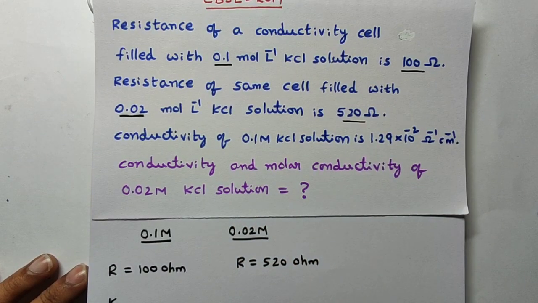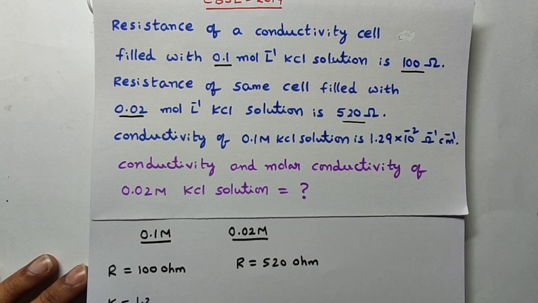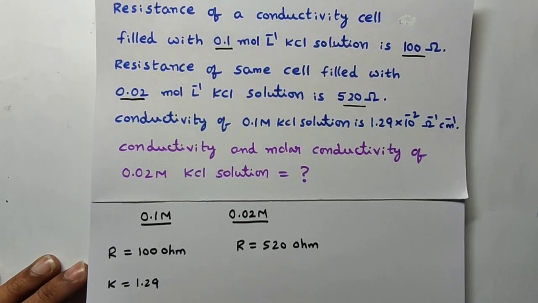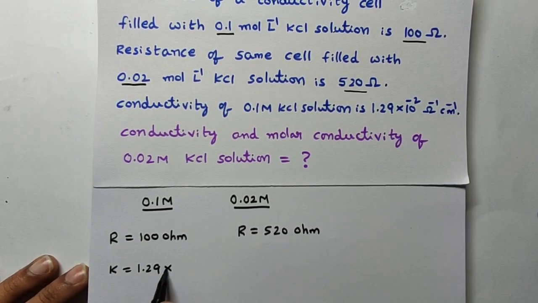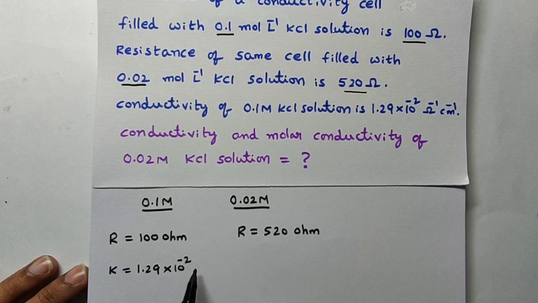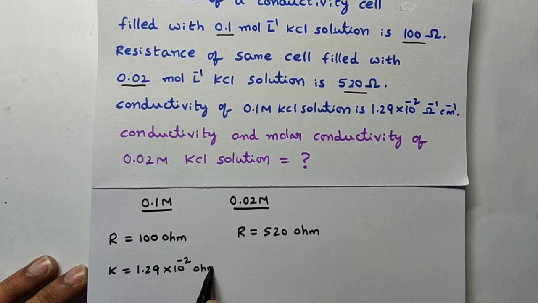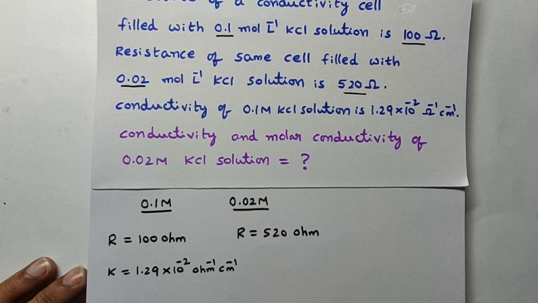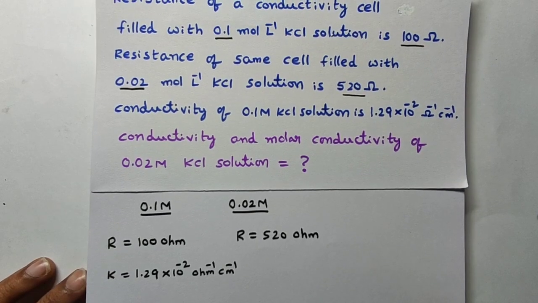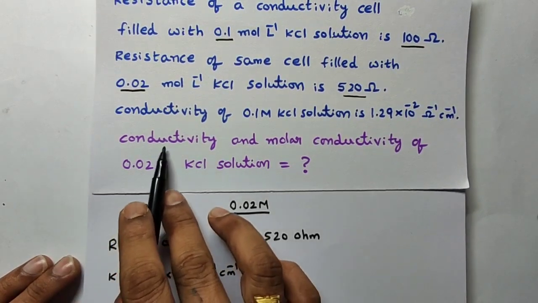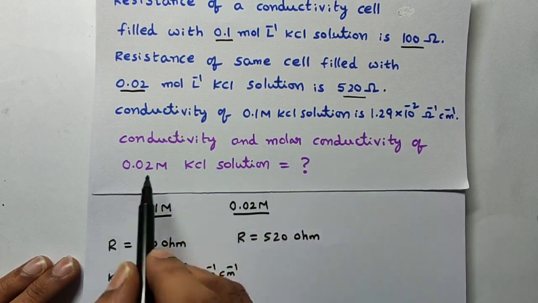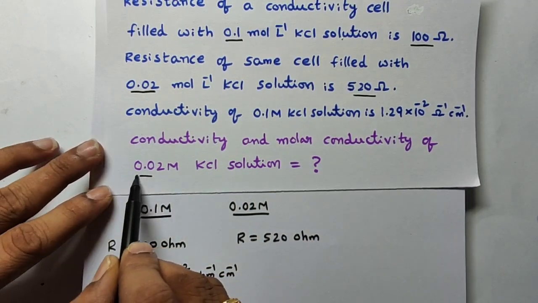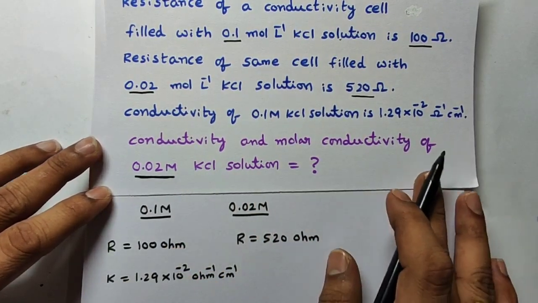Next, the conductivity kappa for 0.1 molar KCl solution is 1.29 into 10 power minus 2 ohm inverse centimeter inverse, or Siemens centimeter inverse. Here we have to find out the conductivity and molar conductivity of 0.02 molar.